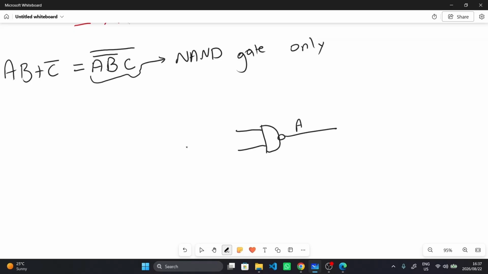Our inputs will be A, B, and C, so we know one will be A B complement, the other one will be just C, right? So this input is just C, and that means this is a NAND gate again.